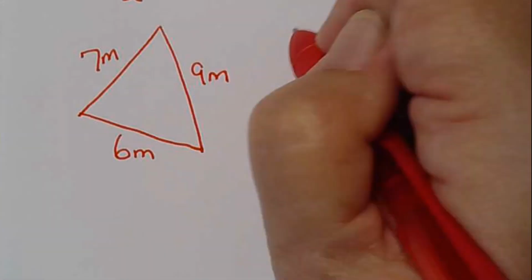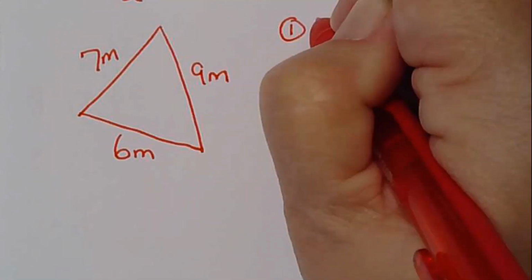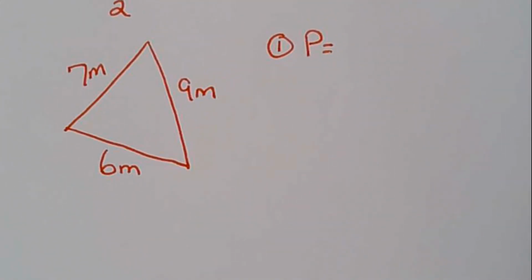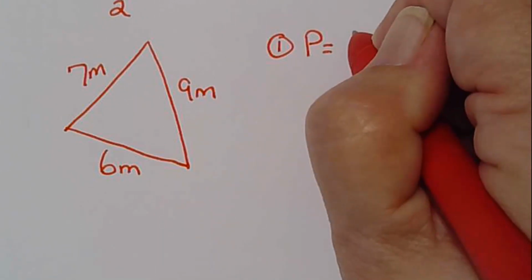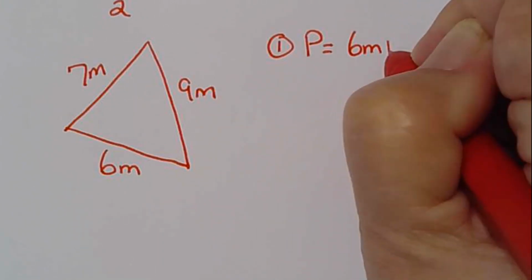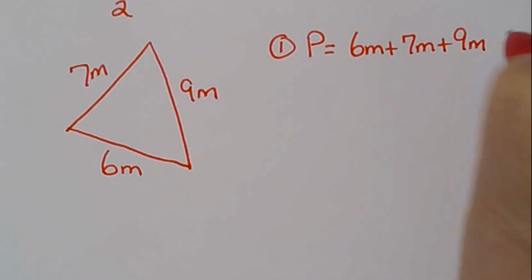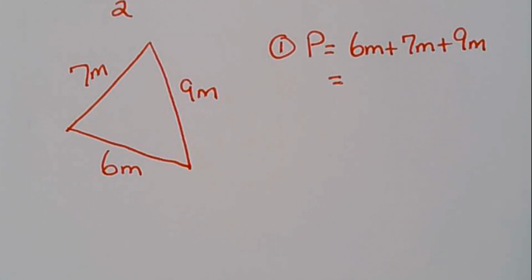So step 1, we find the perimeter. How do you find the perimeter of a triangle? Add up all the sides. 6 meters, added with 7 meters, added with 9 meters. 22 meters, yes?